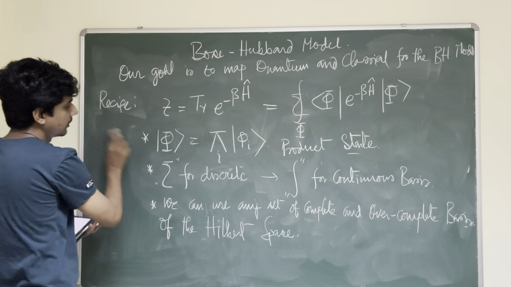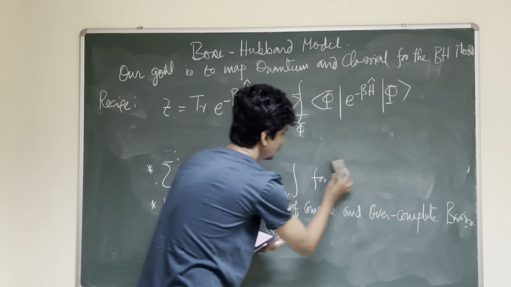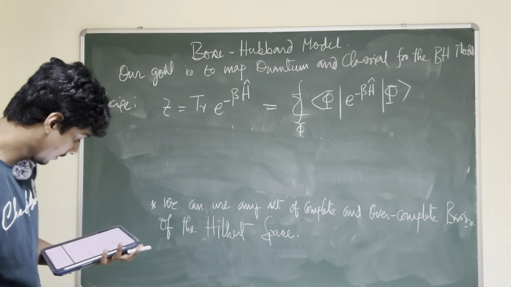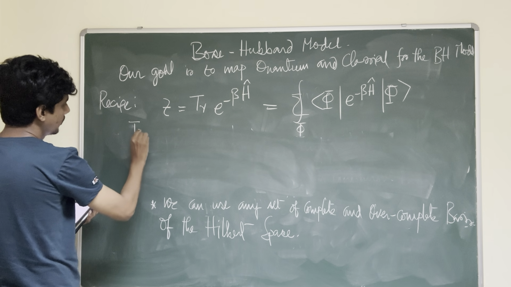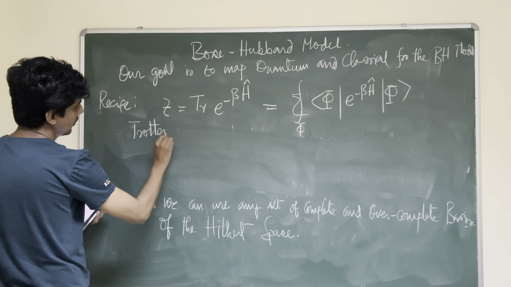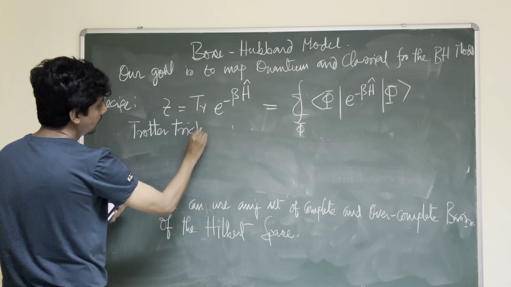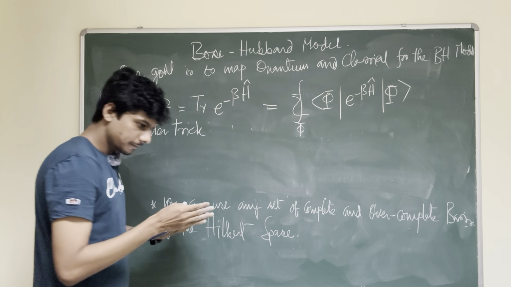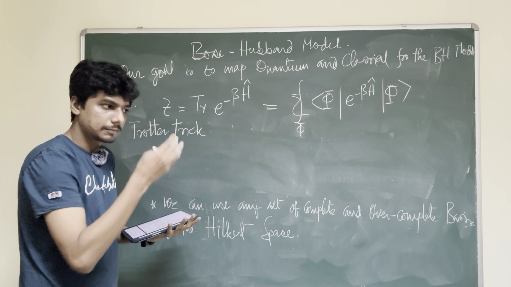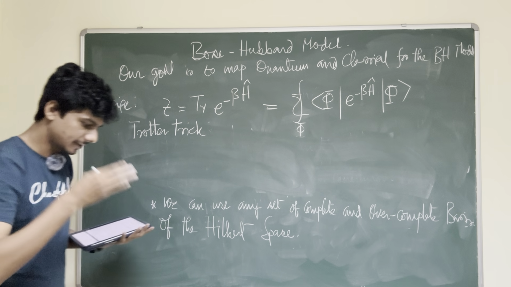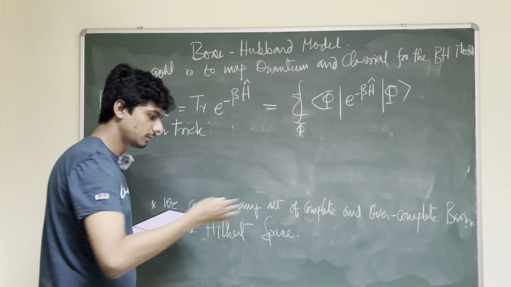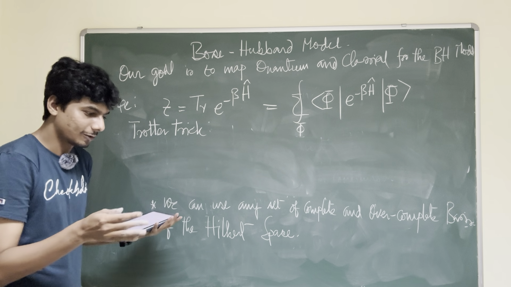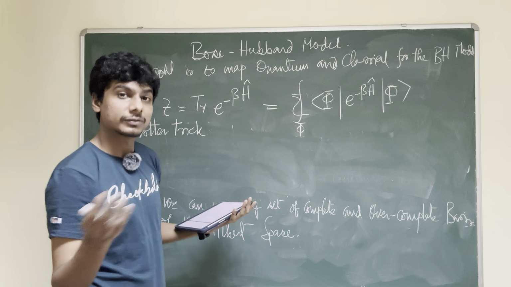The Trotter trick is basically to break the whole time range into many small parts, finding delta t, or you can use the term slicing.